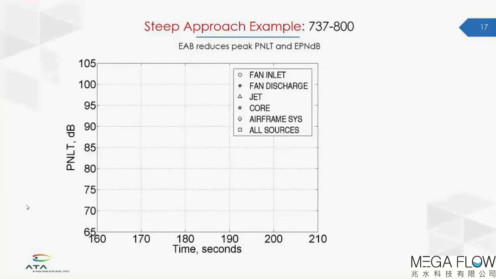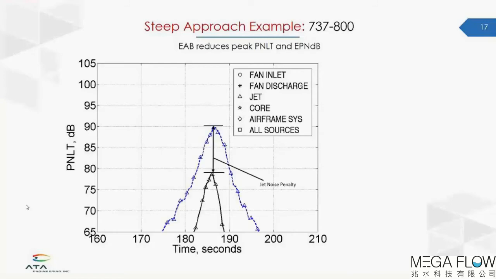So one of the things we found was that unlike a ram air-driven swirling exhaust flow, which was exceedingly quiet, the jet noise from a fan-driven swirling flow would actually increase. And so what you see here is that the jet noise component alone from the baseline would increase, that is the black relative to the blue.